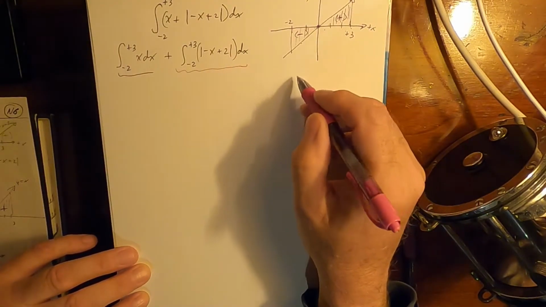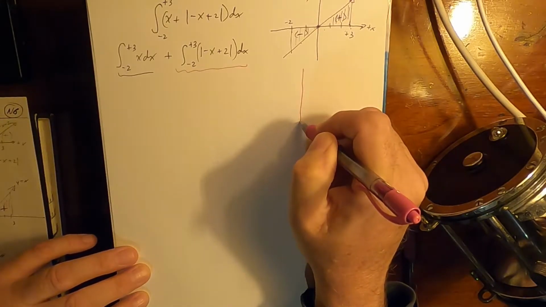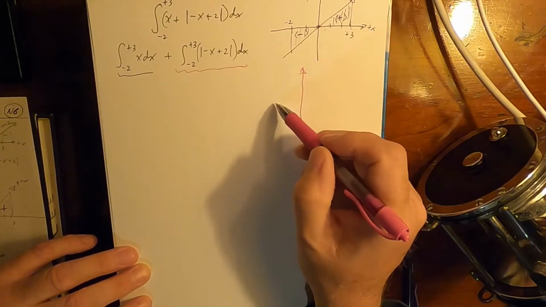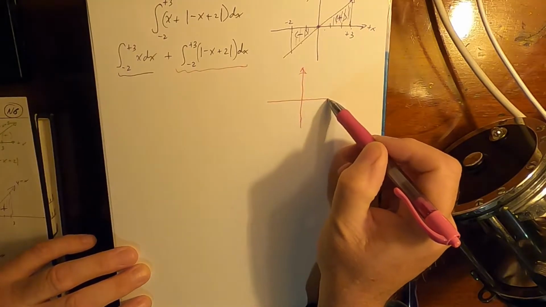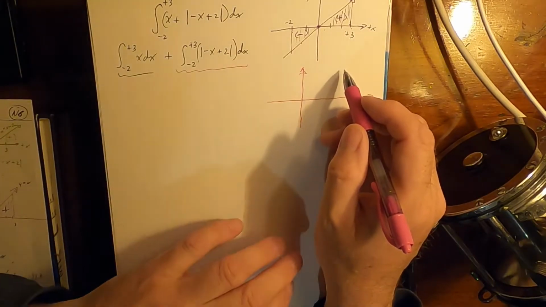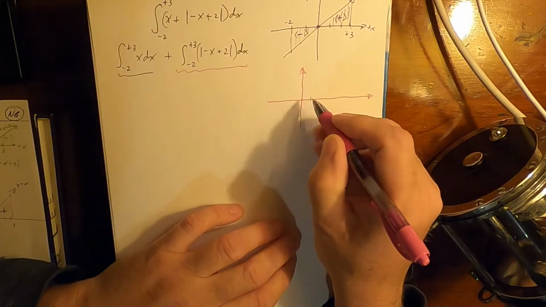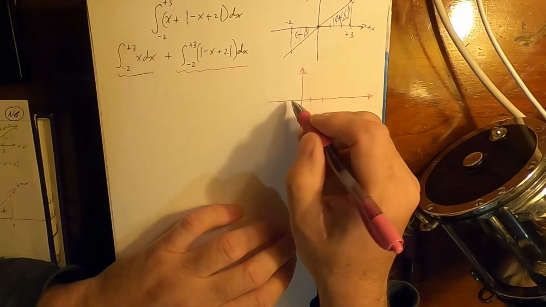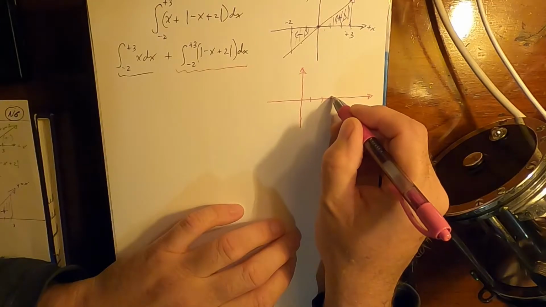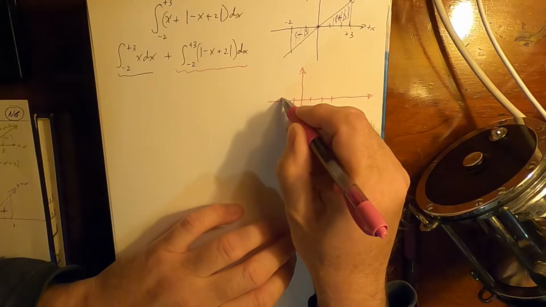When we look at how you shift functions, you'll see that this absolute value is going to be shifted to the right. So what does that look like? We go over to 3, and then 1, 2 backwards.